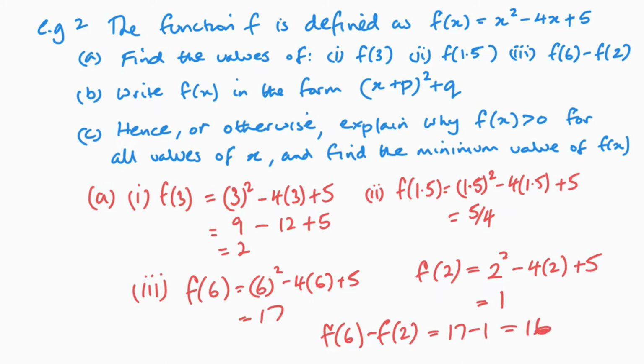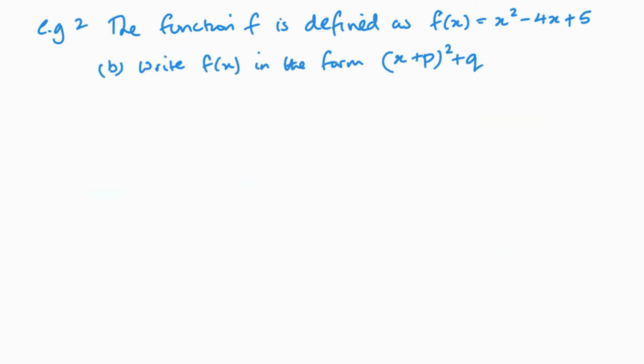Let's look at part B. I'll take a fresh page for this. Now I need to write it in the form (x plus p) squared plus q. So this is completing the square. x squared minus 4x plus 5 is my f of x.